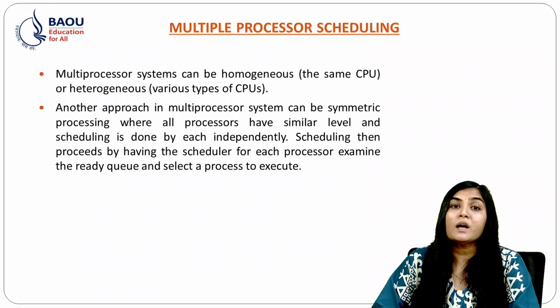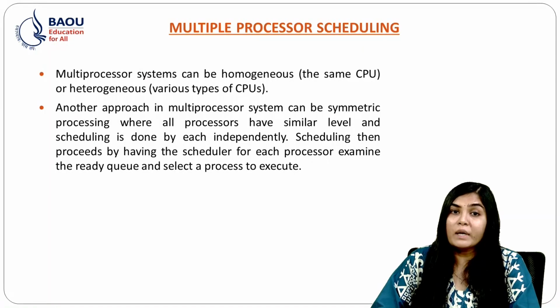One scheduling possibility is to use asymmetric processing, where one of the processors, entitled master server, handles all scheduling, IO processing and all other system activities, while the remaining processors handle only user code.